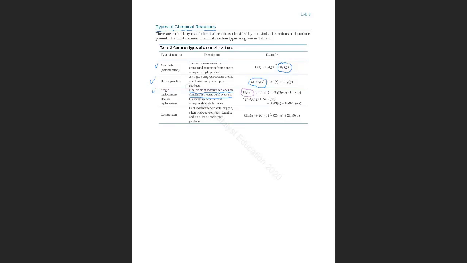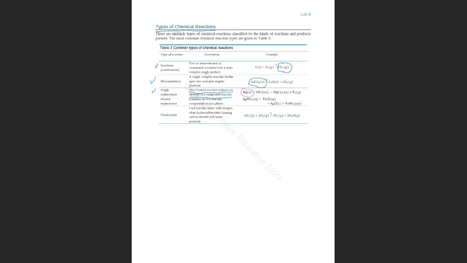Just a single element that is in the periodic table. It's not combined. It's a free element because the magnesium is not bound to anything else, and you find magnesium in the periodic table. So it's one free element from the periodic table.